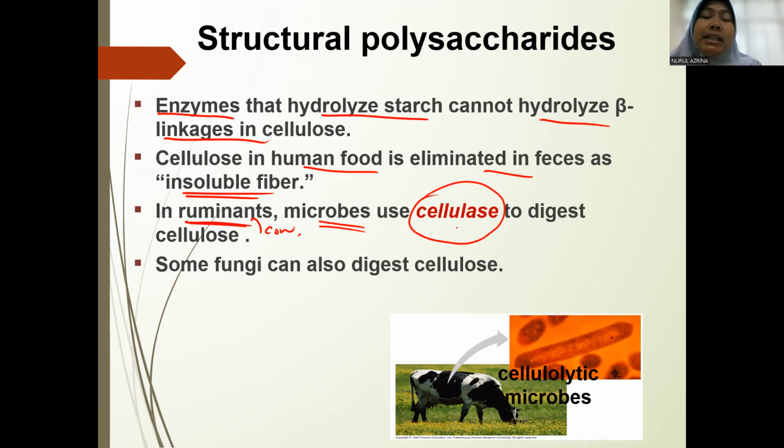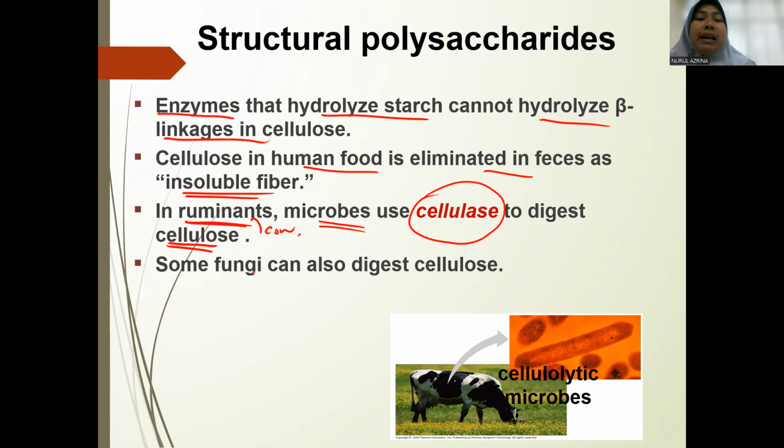So this cellulase enzyme can help to digest cellulose. Sebab tu lembu kalau dia makan rumput, yang keluar balik bukan dalam bentuk rumput yang seketul-seketul tu, dia dah hancur. Nah, kan, dia dah hancur. So that is because cellulase enzyme in the ruminant stomach help to digest cellulose.